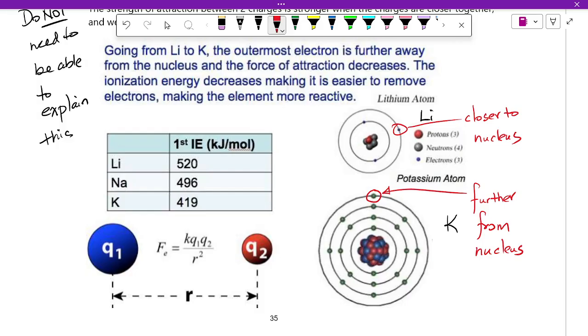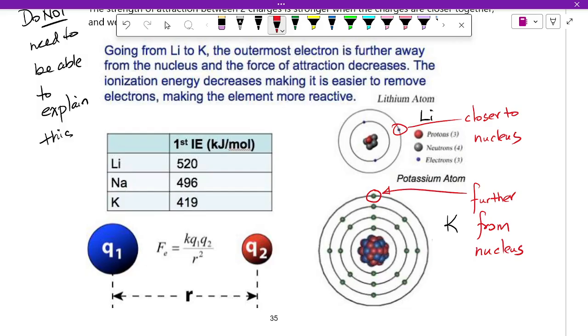The farther away, the weaker it is. It's very much like a magnetic force. So if we had a couple of magnets, it's very similar to this. If I let go of this magnet here, is it going to work? Oh, no, it doesn't like that one. Let me try a different one.